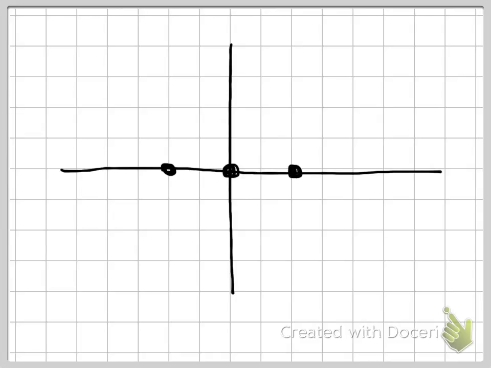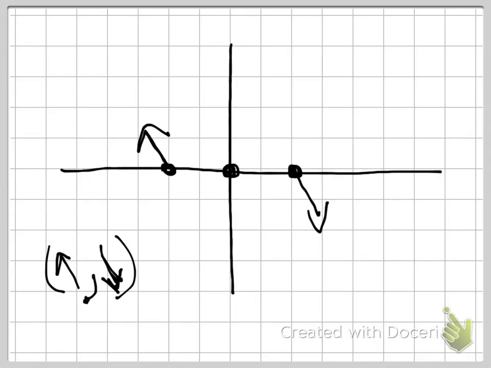Remember that my end behavior, because it was negative, went down on the right and up on the left. So I need to go up on the left, down on the right, and then I'm going to swoop it.